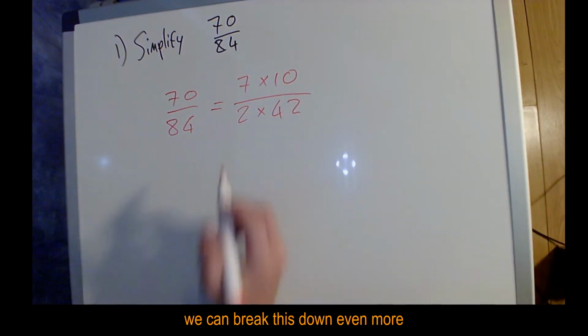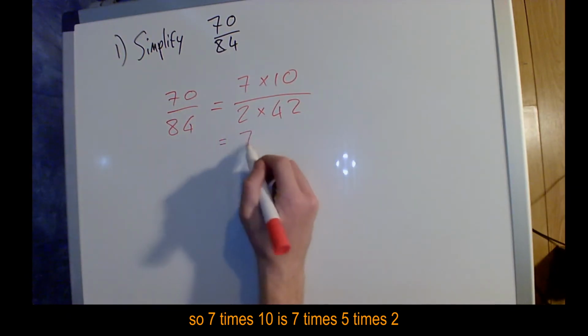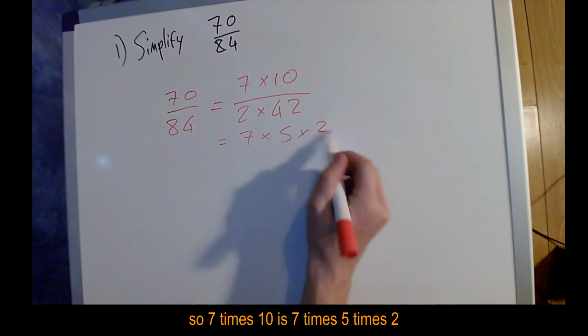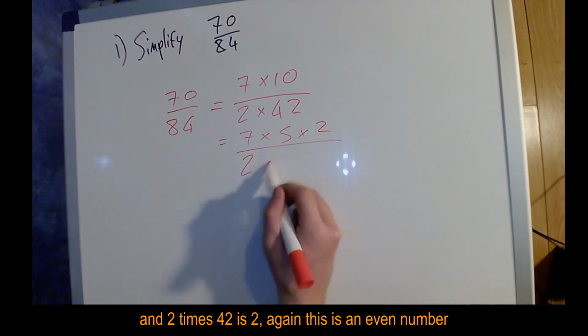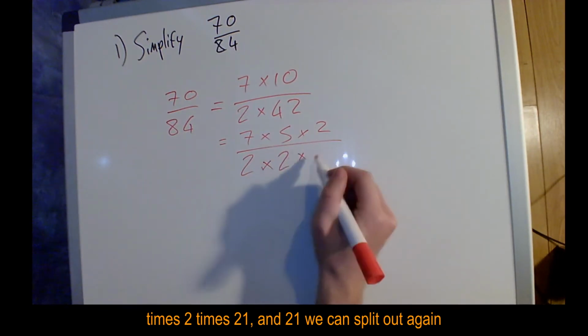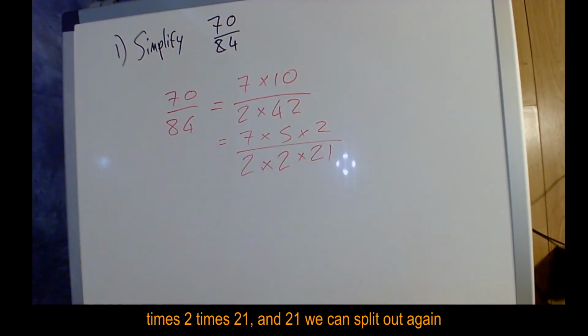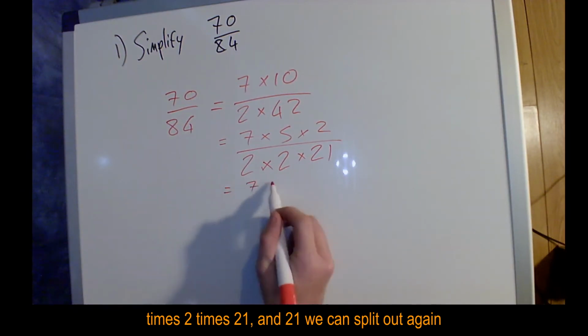We can break this down even more. So 7 times 10 is 7 times 5 times 2. And 2 times 42 is 2 times 2 times 21. Again, this is an even number. And 21 we can split out again.